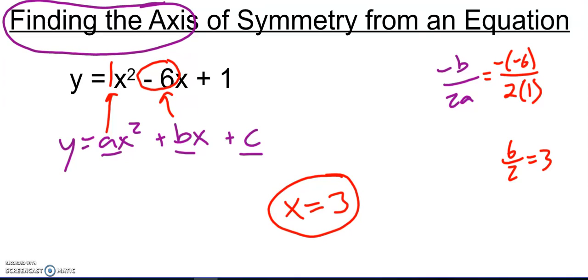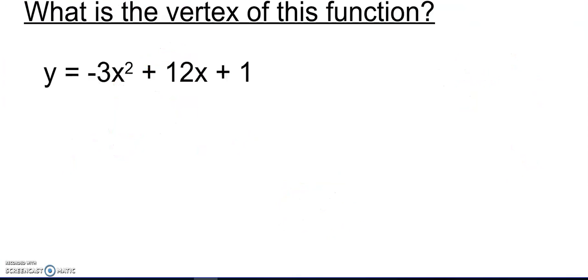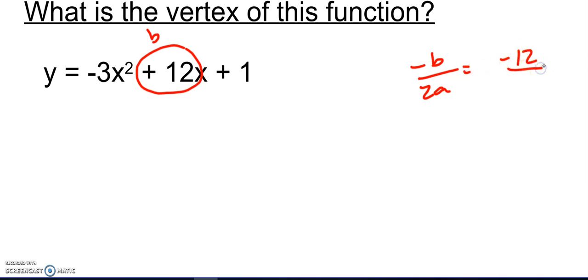All right, so one last concept. Sometimes they'll give us an equation, then they'll ask us to find the vertex. We're still going to have to use that formula because remember the vertex lies on the axis of symmetry. So -b over 2a. This is b. So that's going to be -12 over 2 times a, which is -3.